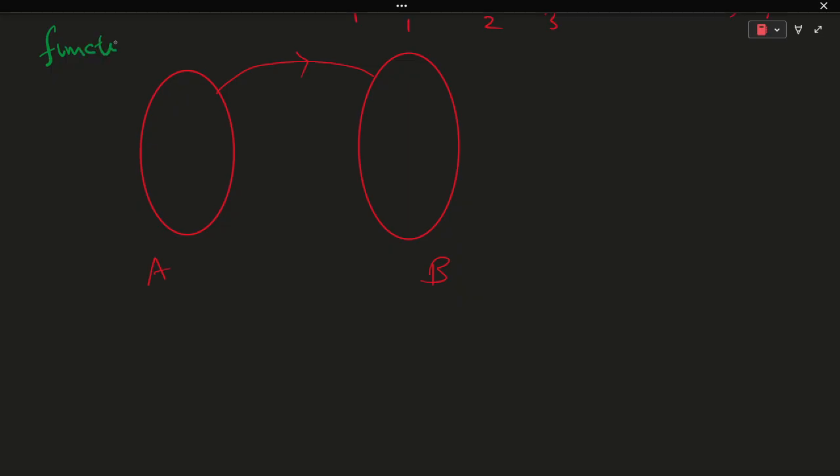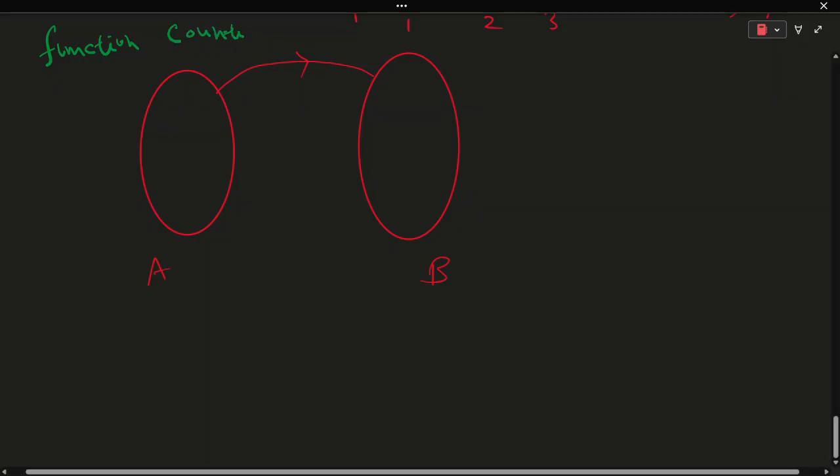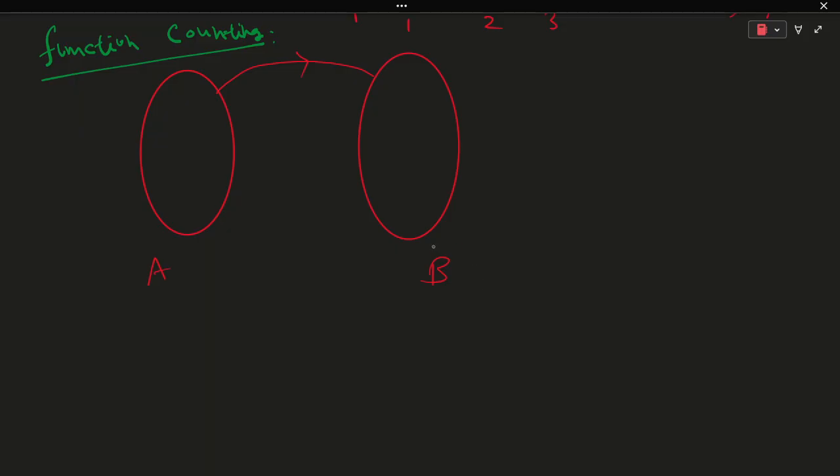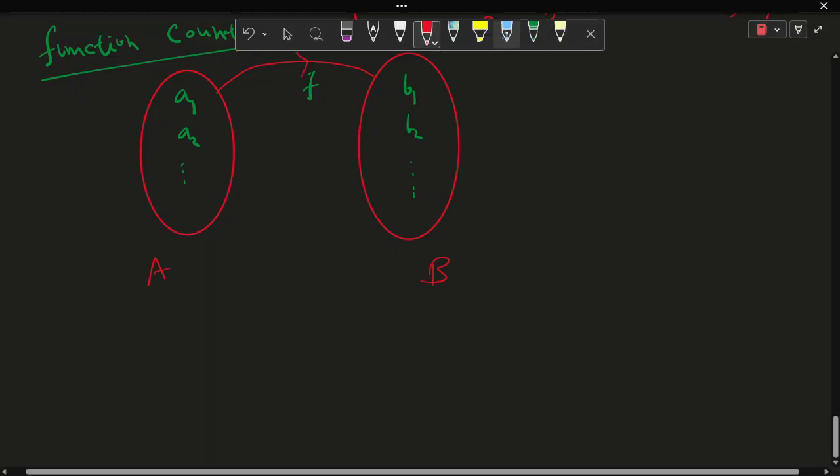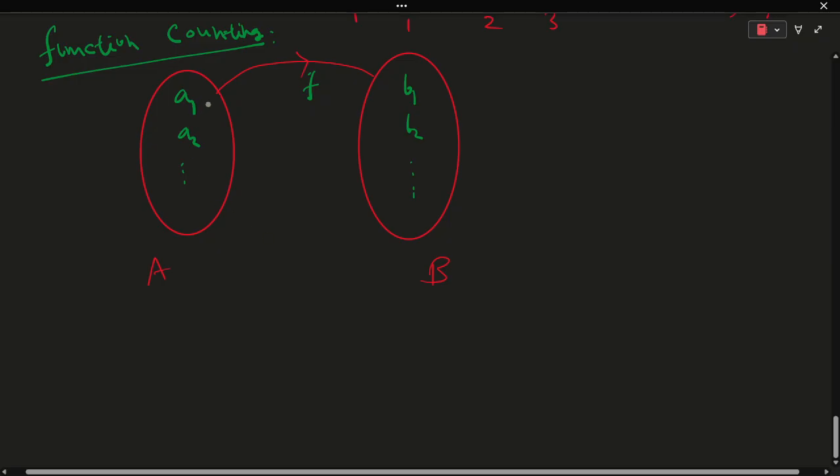Function counting: what is the number of functions between A and B? Okay, this f, this A with elements a1, a2, and this B with b1, b2, that's it. Now you observe that a1 has these ways.